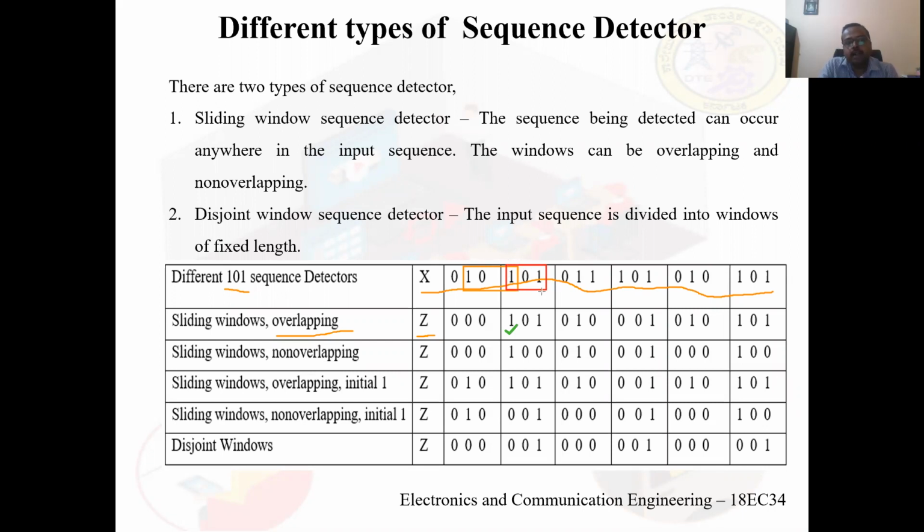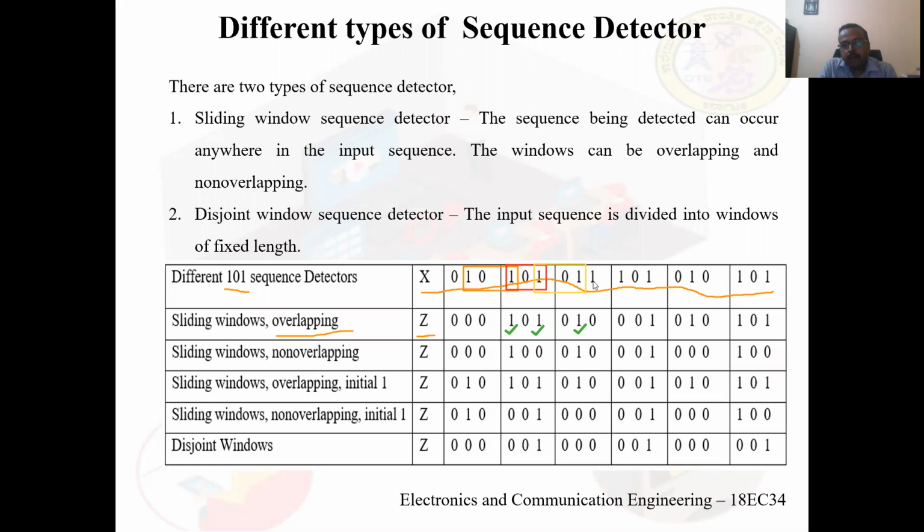This is called an overlapping sliding window sequence, so the output is equal to 1. Similarly, 1 0 and 1. Next, again we have 1 0 and 1, so the output is equal to 1 here.